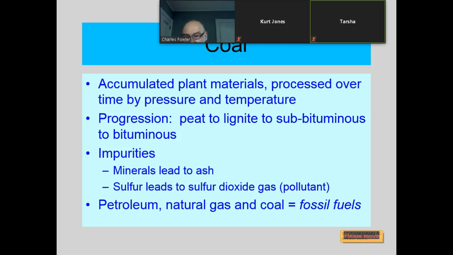They would burn that. It was pretty nasty, but it was a decent fuel. But if you leave it down there, it then changes to a mineral called lignite, and then the lignite ultimately goes to subbituminous coal. Now this is the good coal up to bituminous.